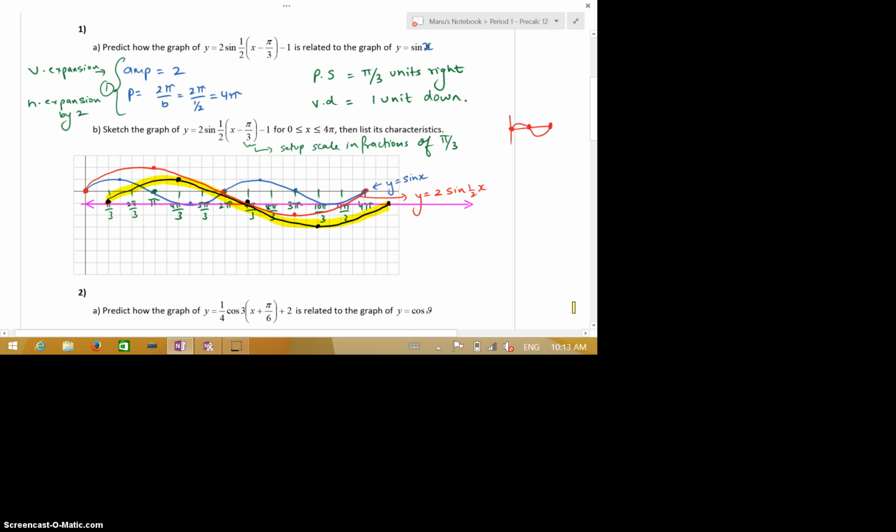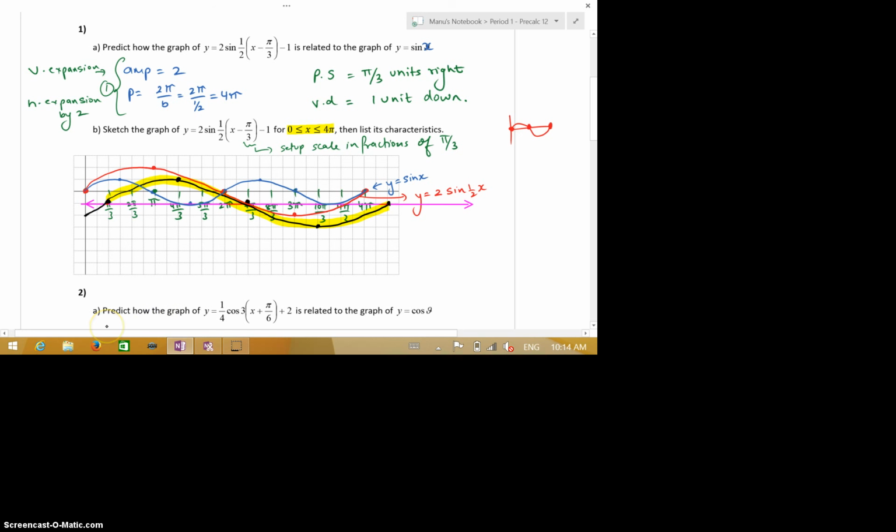However, I want to make sure that my graph is fully complete in the domain of 0 to 4 pi, because that's the domain I'm working with. So you'll notice by shifting the graph over, I have now created a bit of a gap at the front of that graph. I need to fill in that gap. I want to see what's going to happen to that graph in that gap. So between 0 and pi over 3, I'm going to extend that graph. If it kept on going, it's going to end up going down towards the bottom over here, like that.